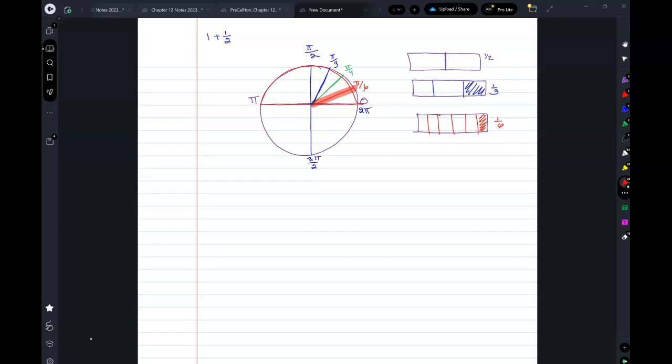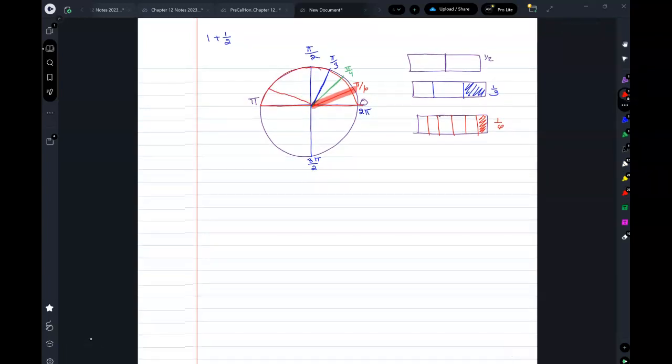So the pi over 6 is the smallest increment. So that's the smallest amount we ever move from the x-axis. Now, if I go on this side, that same amount, that will correspond to here. And if I go on this side, that same amount, that will correspond to here, and that will correspond to here over there.